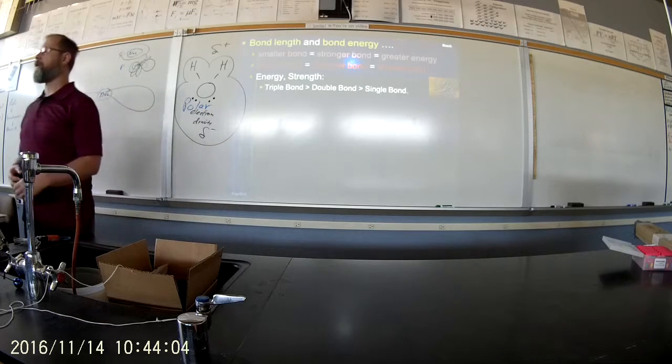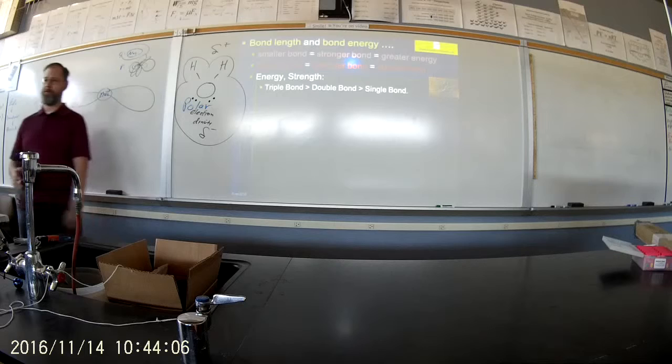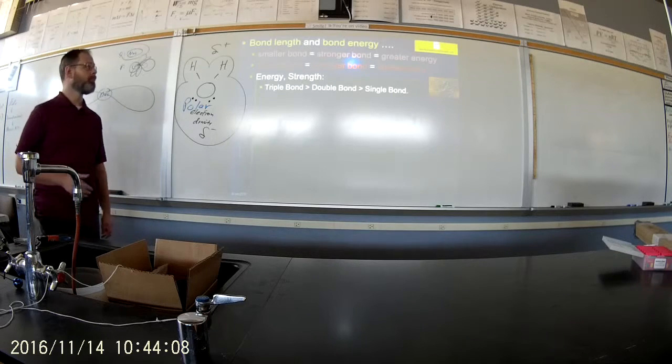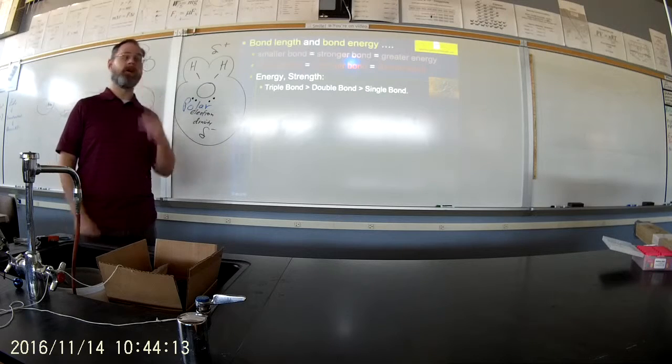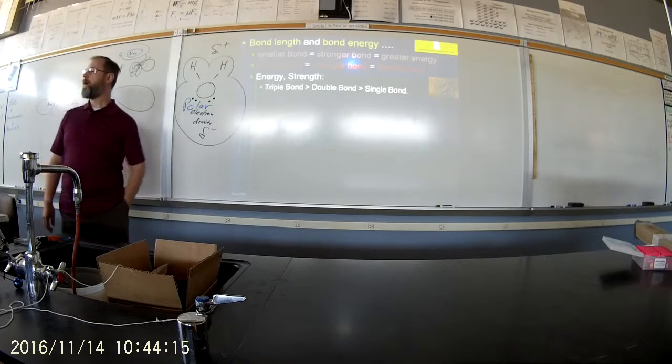Double bonds are stronger bonds. Triples are the strongest. Triple bonds are the strongest bonds. Double bonds are stronger than single bonds.